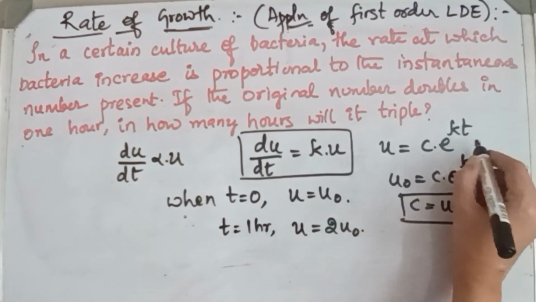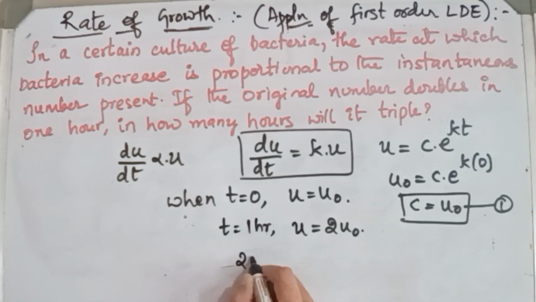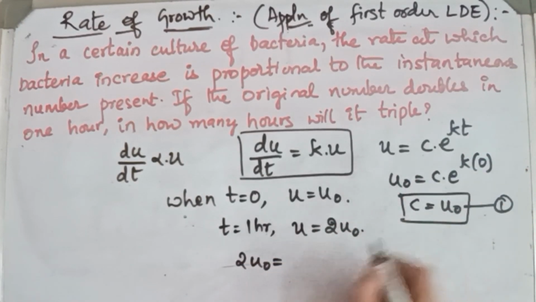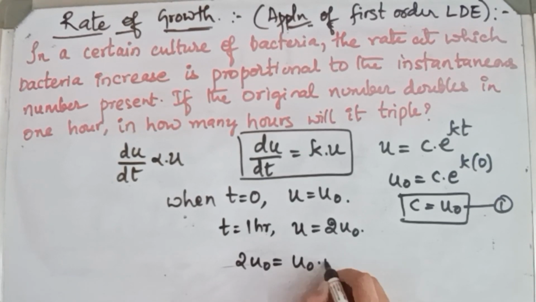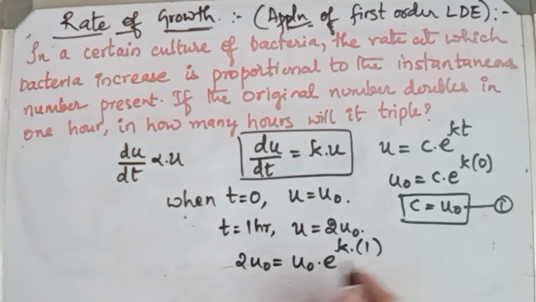So let us substitute in this equation. 2u naught equal to u naught into e to the power k, where time t is 1 hour. So u naught cancels, and e power k equal to 2.